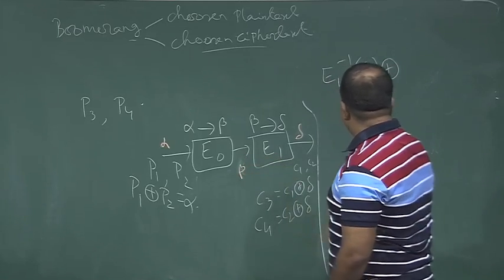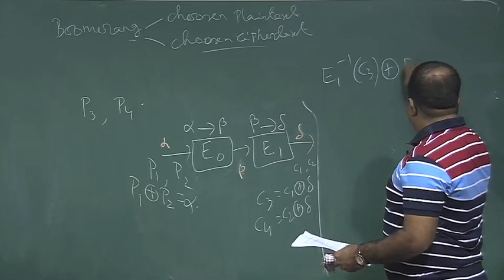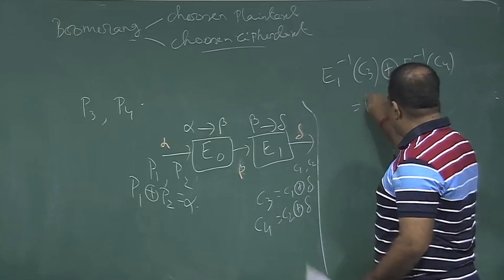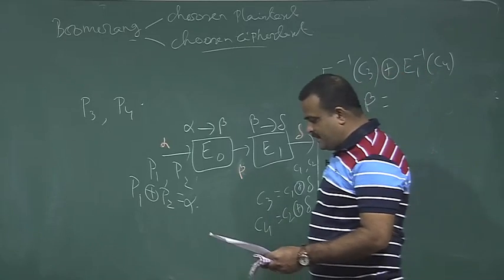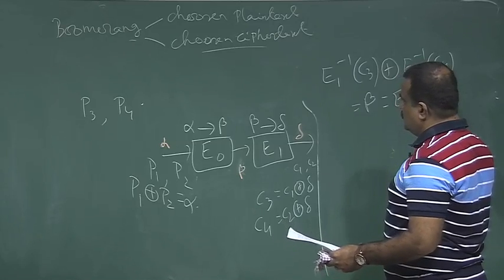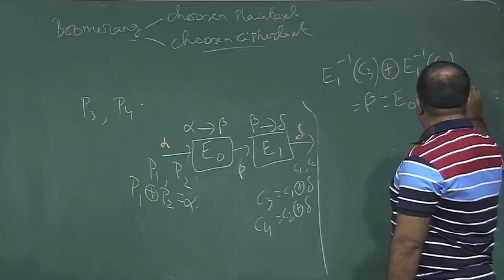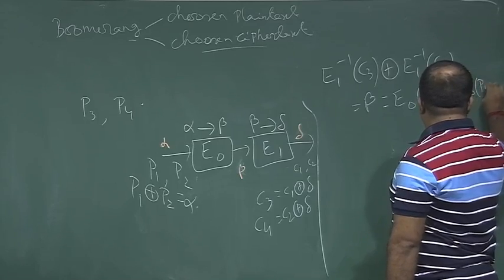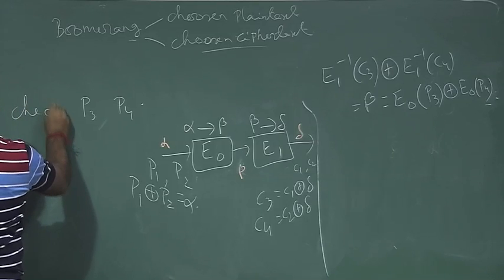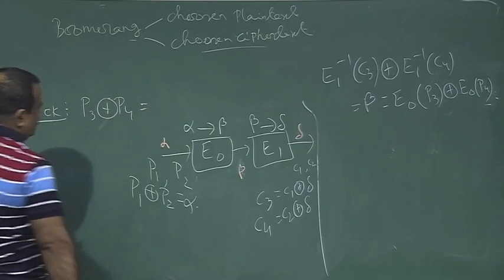If we come back here, C3 XOR with E1 inverse of C4 should give us beta, which is again the same as E0 of P3 XOR E0 of P4.